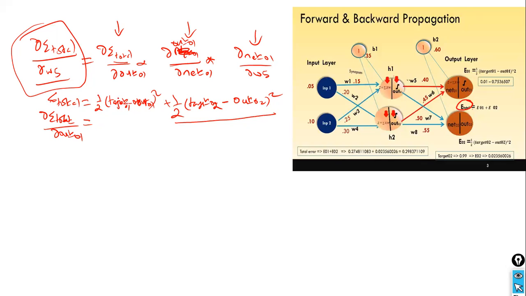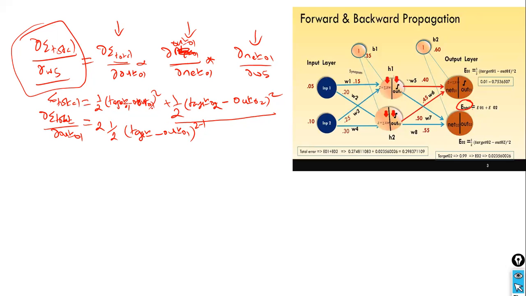In this case, you learned about the chain rule, right? So the power rule comes into the picture. The 2 will come down: 2 times 1/2, and your (target O1 minus out O1) to the power 2 minus 1. We have taken the derivative of the outside function.